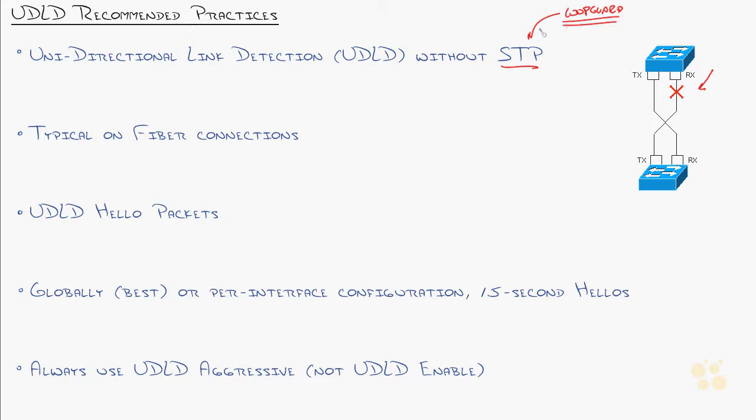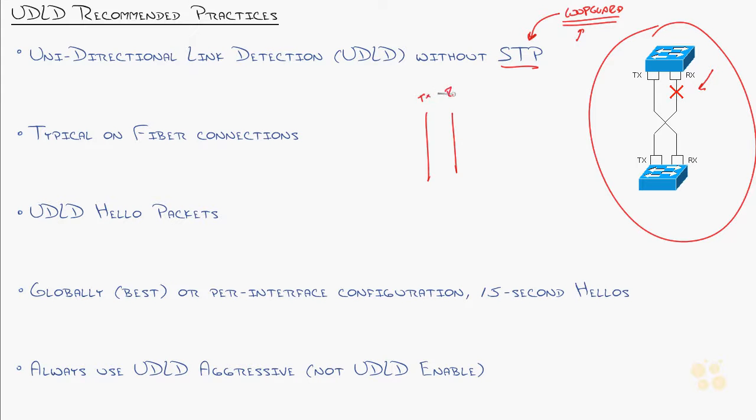So the problem is, if you don't run spanning tree, you don't have anything to prevent against unidirectional links, which you can see in this picture right here. How does that happen? Fiber optic, my friend. Fiber optic cable has that separate transmit and receive, TX and RX, pair. With Ethernet cable, you hardly ever see this because the cable is either down or it's up.